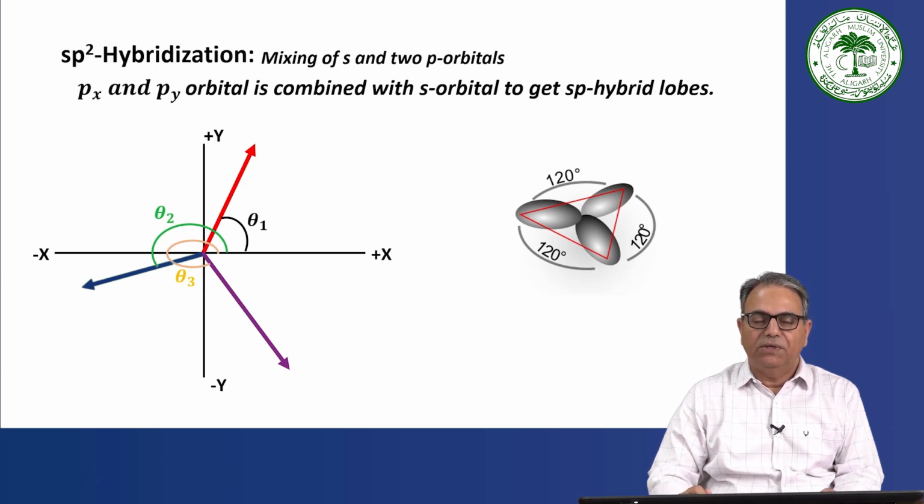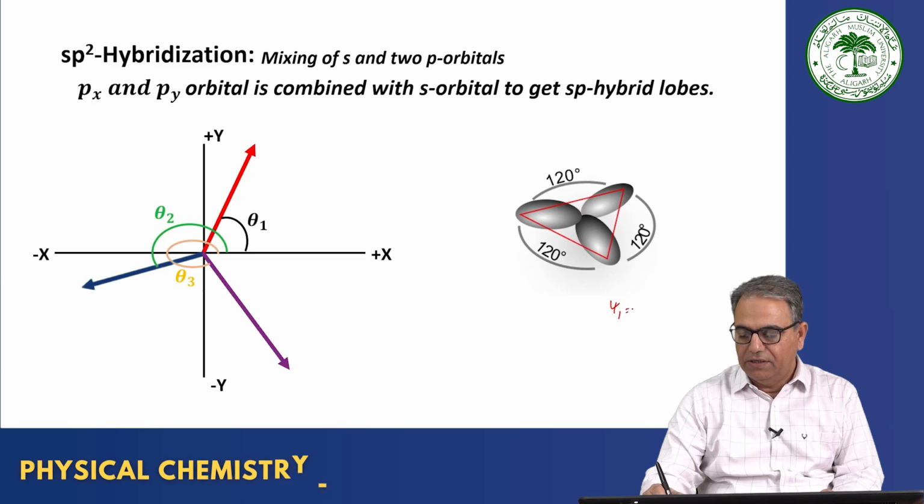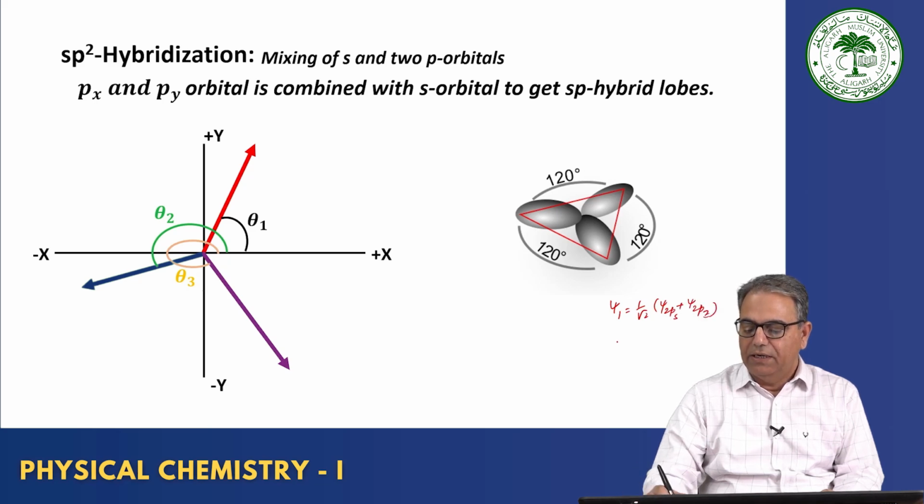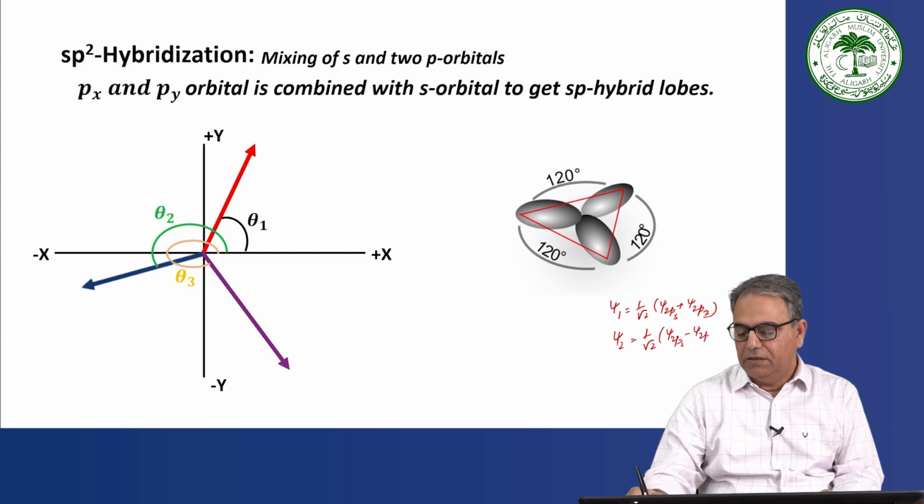From the treatment of sp hybridization, we found the wave functions for the two hybrid lobes as psi 1 equals 1 by root 2 (psi 2s plus psi 2pz), and psi 2 equals 1 by root 2 (psi 2s minus psi 2pz).